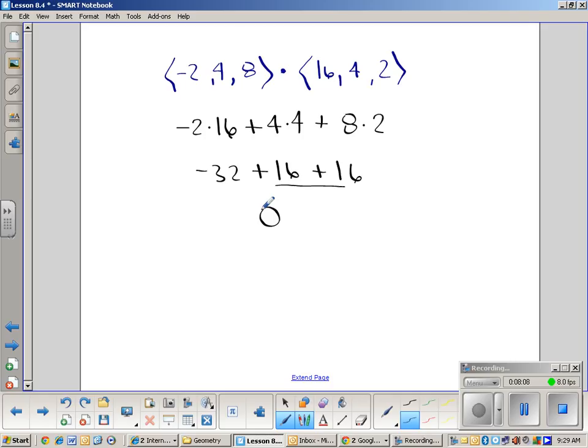Now, if I tried to draw a plane, can we imagine that's a plane? And we have a vector like this, and a vector like that. We're saying that these two vectors are perpendicular. When we find the cross product of these two vectors, we will find this vector.